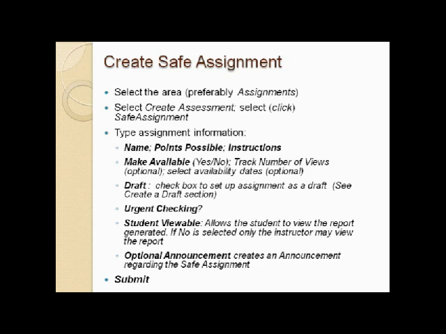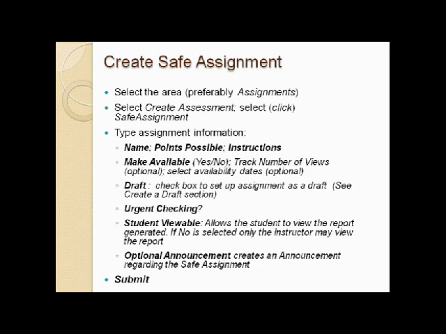Then under the options, you can opt to make it available immediately, track the number of views, and or select availability dates, so if you only wanted it available for a week. You can also select whether or not to make it a draft assignment. Now, I'm going to cover draft assignments a little bit later, so you'll understand the difference between a final Safe Assignment and the draft.